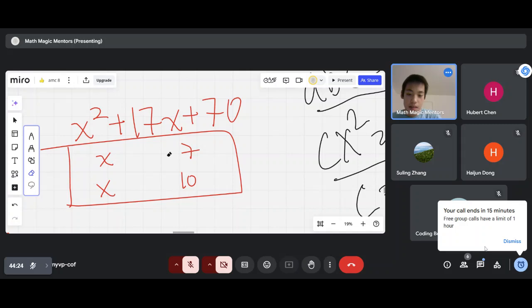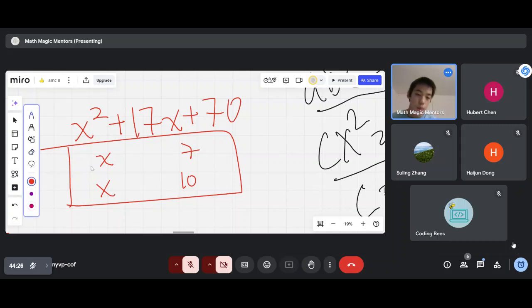What's really nice is that x times x, the product of the first column, is x squared.